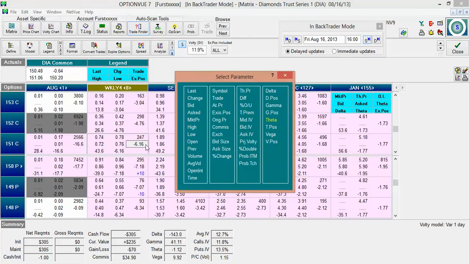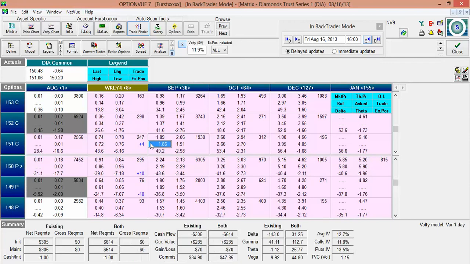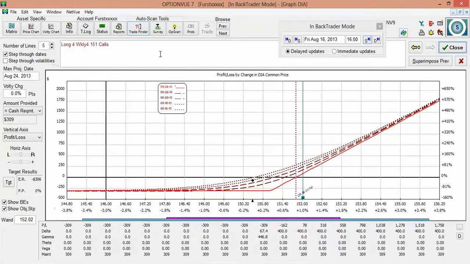Right here, if we were to put on a trade, and I bought the 151 calls for 74 cents, let's say I bought 4 of those, and I only want to look at the trade, not my existing position.